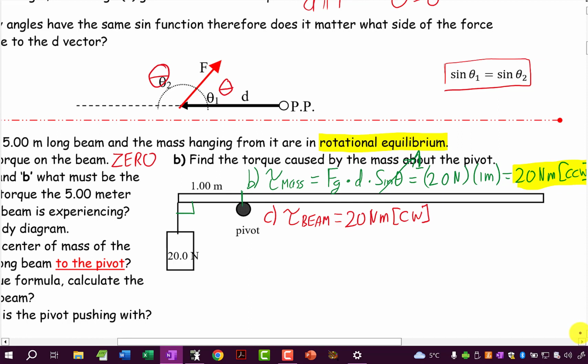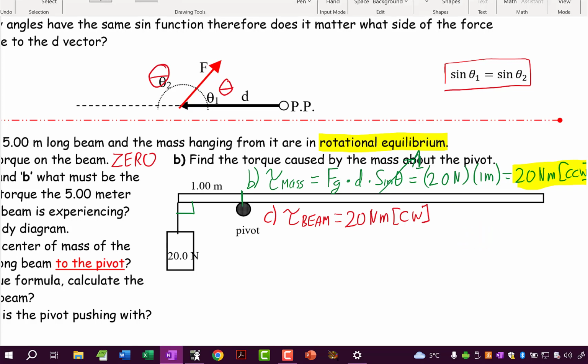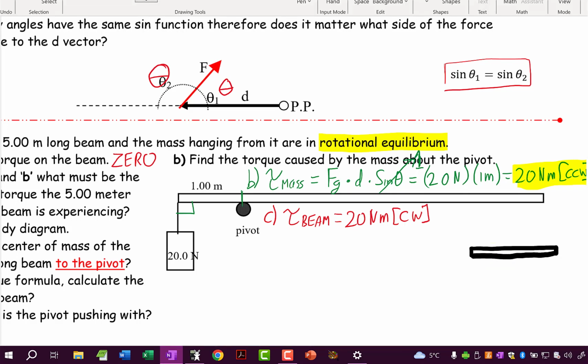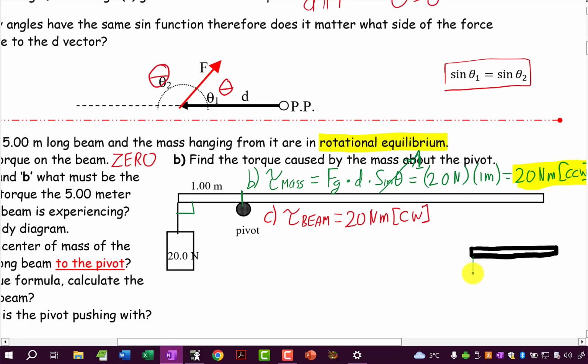So let's draw a free body diagram. Okay, so I'll go to black here. There's the beam. We have 3 forces acting on it. We have the force of gravity, or force of the mass.